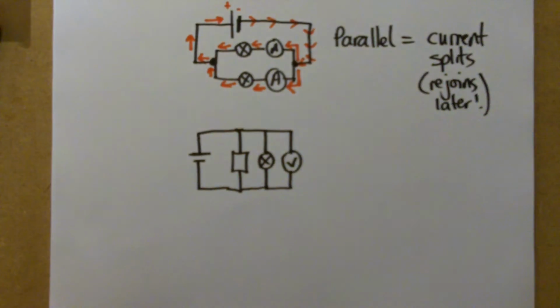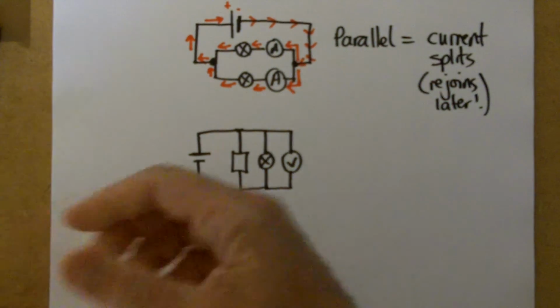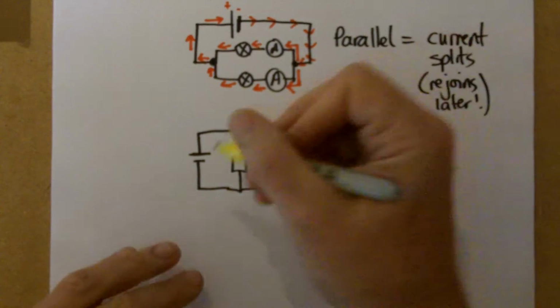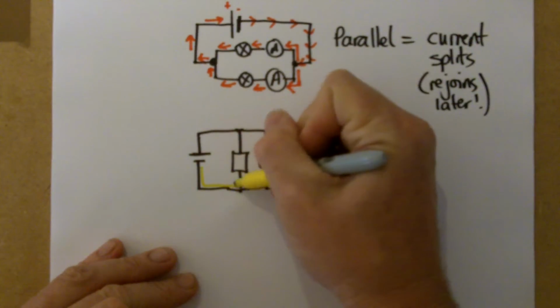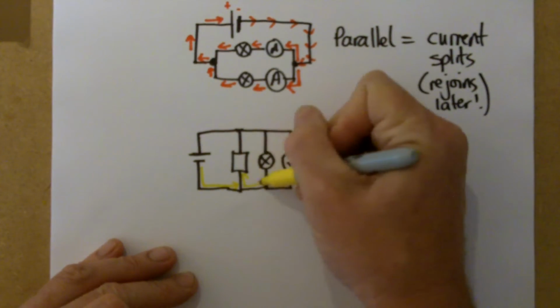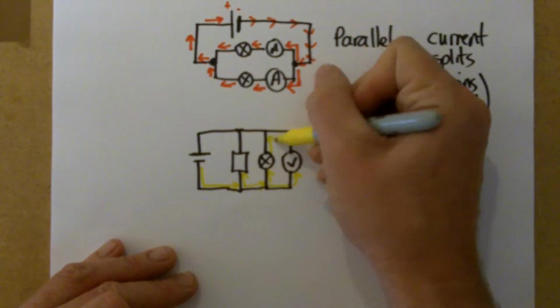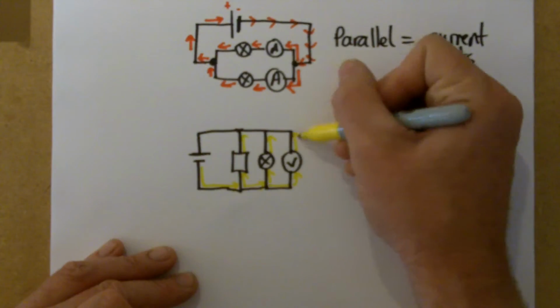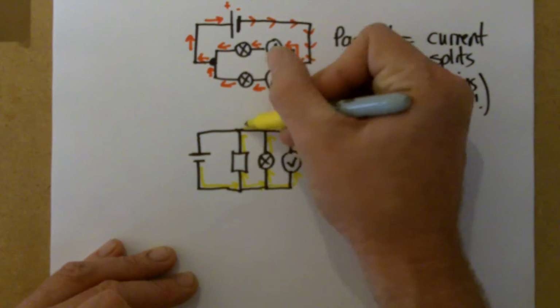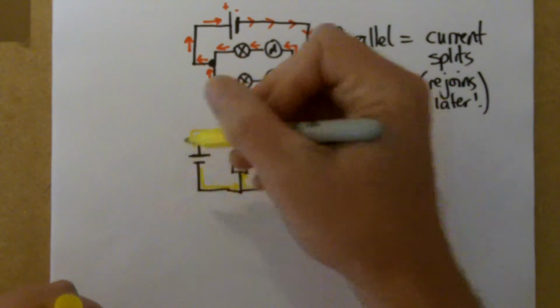For example, you can see the same thing's going to happen here, which is current will flow around here. Some goes that way, some carries on, some goes through there. I'm realising that yellow is not the most easy colour to see. And then it joins up again.